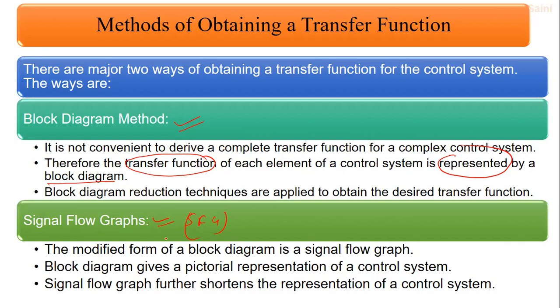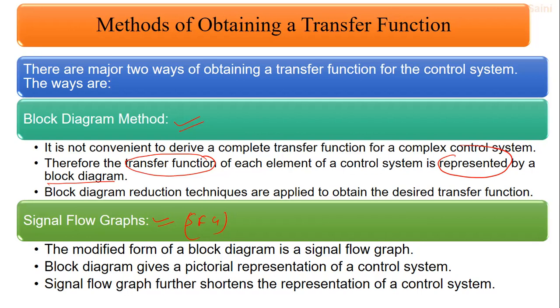This is also a pictorial representation of a system, and this is a modified version of block diagram representation. So we can represent a system with its dynamical equations, we can represent a system through block diagram, and we can also represent a system through signal flow graph. So signal flow graph is a kind of modified version of the block diagram representation.